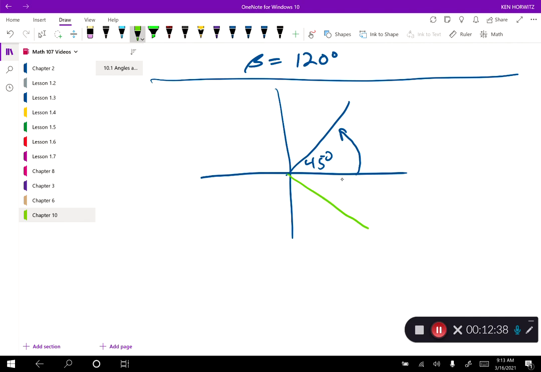Can I go clockwise? The answer is yes. Now, how do I know the difference between a counterclockwise 45-degree angle and a clockwise 45-degree angle? Well, it's pretty easy. The clockwise one is just negative. So anytime you have a negative angle in standard position, it just means you're going clockwise instead of counterclockwise. So all it does is show direction. All right, so that would be negative angles.